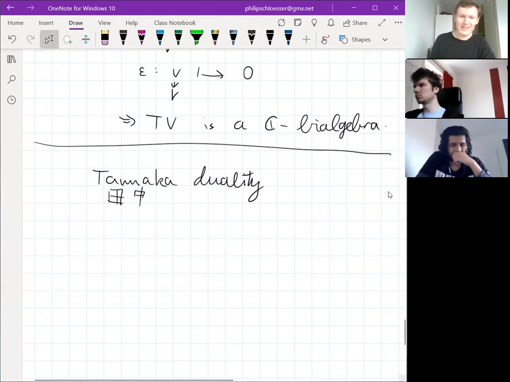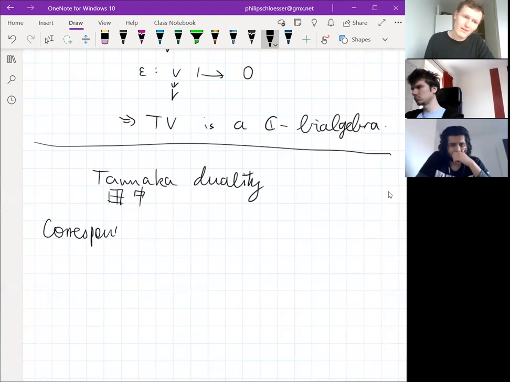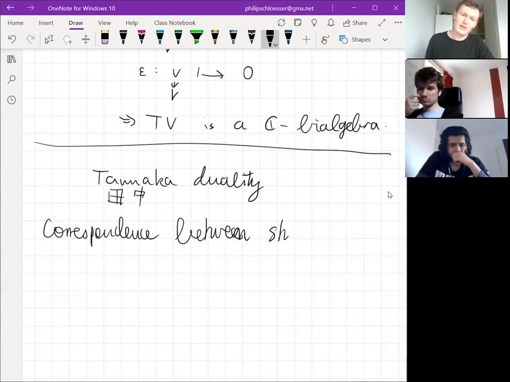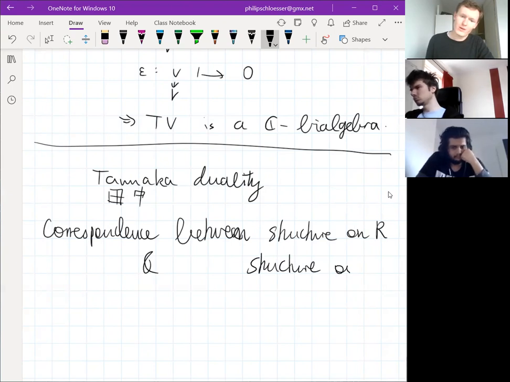There's a nice correspondence between the structure on R and the structure on the category of R modules.